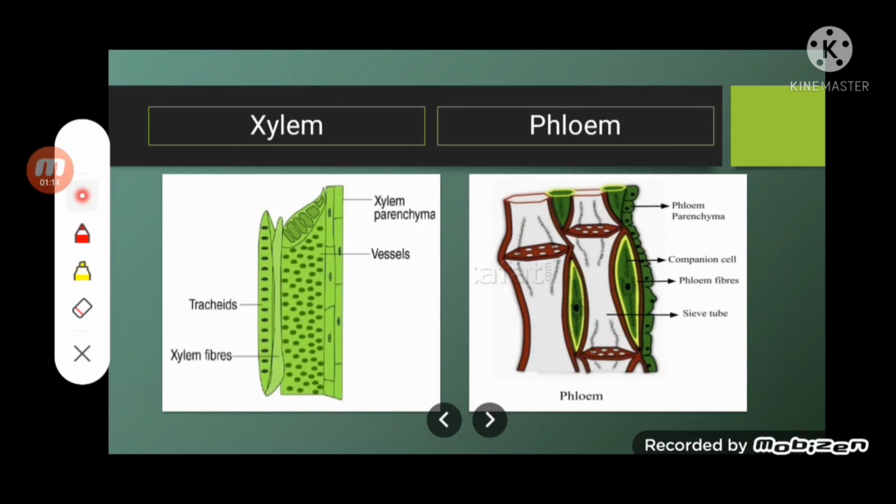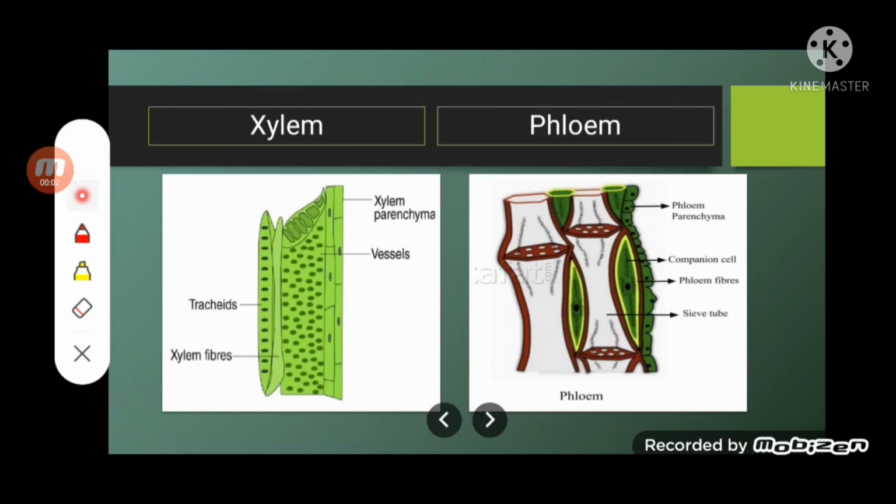Along with the sieve tubes, specialized phloem parenchyma will be in association with them, and they are called companion cells. And phloem fibers give strength to the phloem tissue. So basically the function of phloem fibers or xylem fibers is to give strength or provide support.